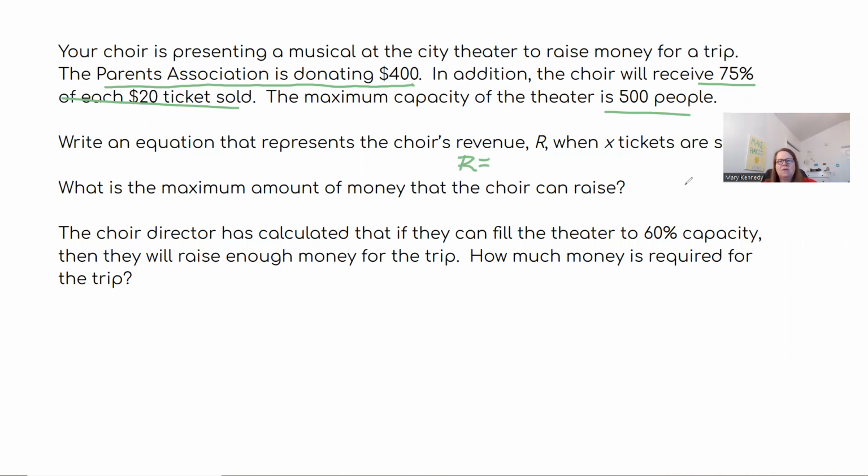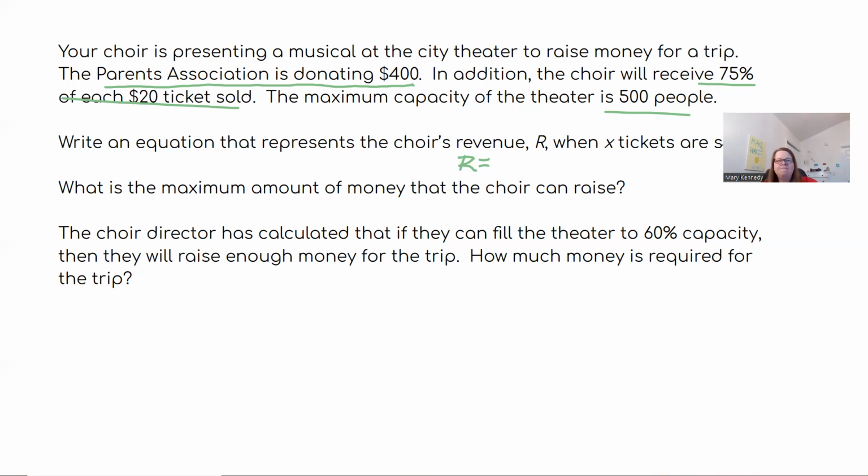Our revenue is something, and we're going to include the value of X here, or the number of tickets sold, calling that X. So think about from all those numbers up there, the only one that we don't actually use in the equation is the 500, right? That's a maximum capacity. That's not going to apply every single time. That only applies in a specific instance.